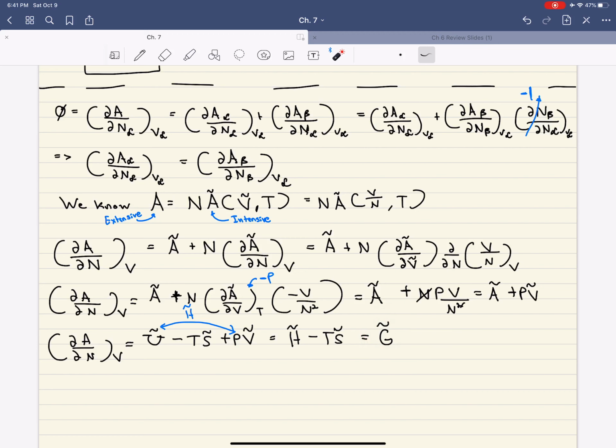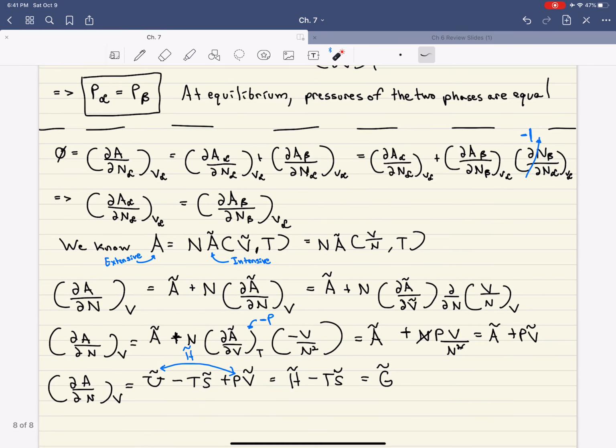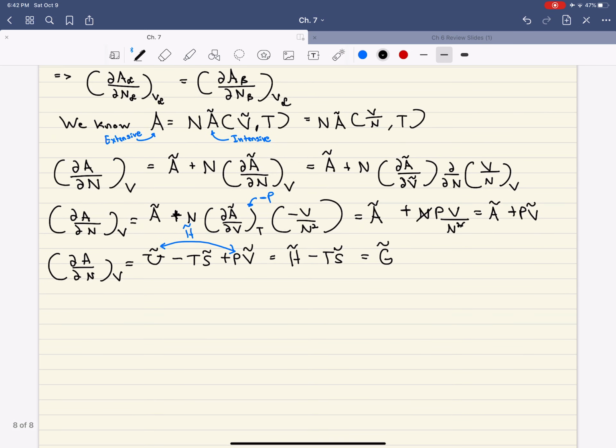And so the reason I went through that proof is because back up here, we have dA dN at constant V. And so what that tells us is that for the alpha phase and the beta phase, the derivatives of these Helmholtz energies with respect to N at constant V correspond to the molar Gibbs energy.